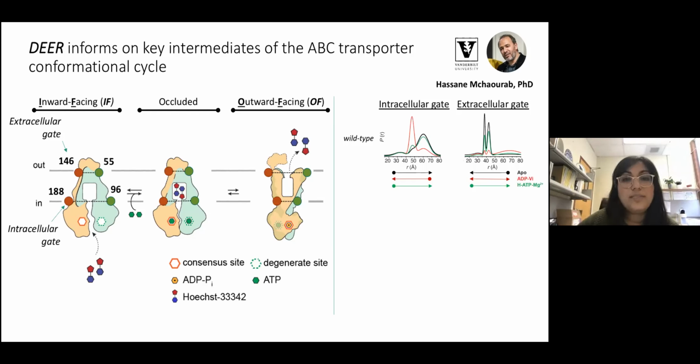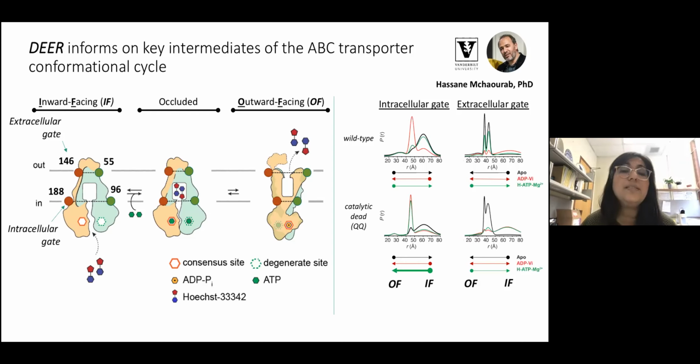What we found was that even in the context of mutations that limit its conformational flexibility and its catalytic cycle, you still see this distribution of populations. And this is a little bit interesting because, conventionally speaking, it goes against some of the current accepted models for how nucleotide binding drives conformational changes for substrate release.